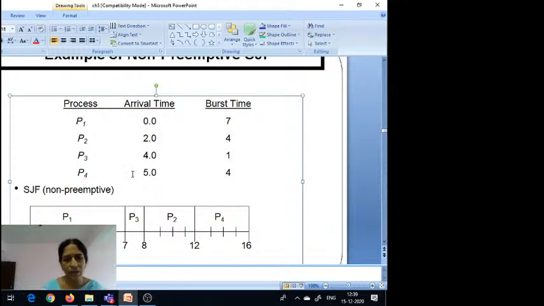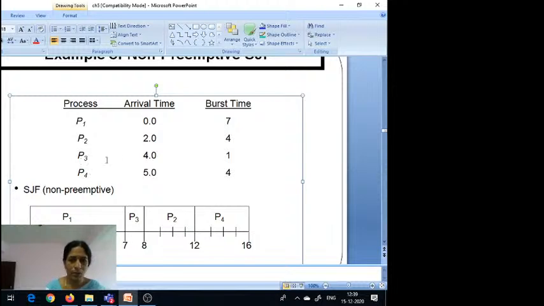Here you can observe one thing. Suppose no arrival timings are given. In that case, which process first enters into the CPU? The P3 process first enters the CPU, and after that P2 and P4, which both have the same burst time of 4 milliseconds. In that case, P2 is selected first and after that P4, that means the lower ID process first enters the CPU for execution, and after that P4 is executed.